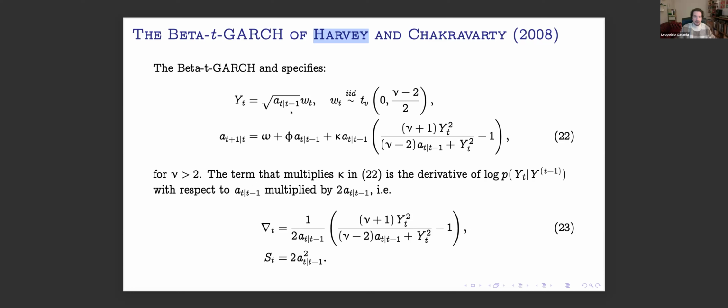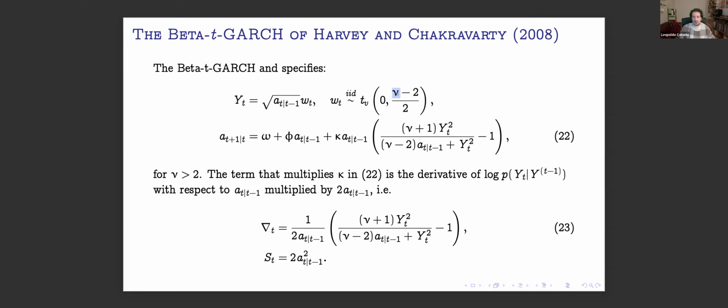And now the model is defined in this way, where this term here, the forcing variable, is the score scaled by this quantity here. The idea behind these models is that when the degrees of freedom of the shocks w_t goes to infinity, then w_t becomes Gaussian, and equation 22 resembles the standard GARCH recursion.